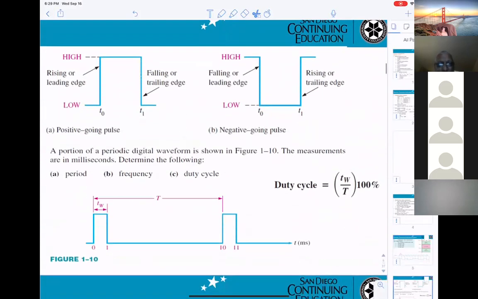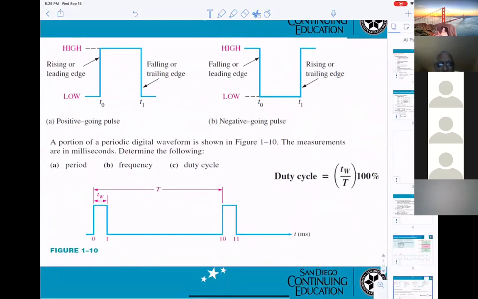Now, another thing: when you get only a single pulse, that means you get 0, then go high, then go low. That's what they call a positive-going pulse. It goes from 0 to 1, then down to 0 and no more, only one.